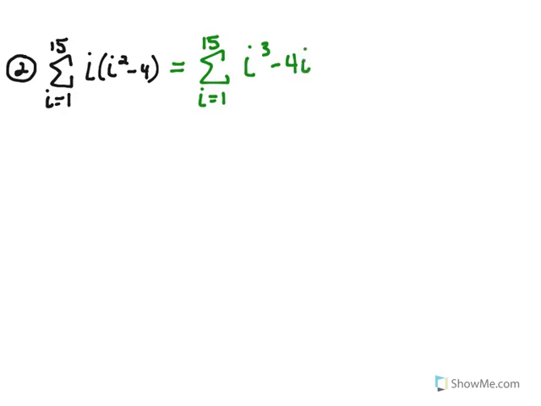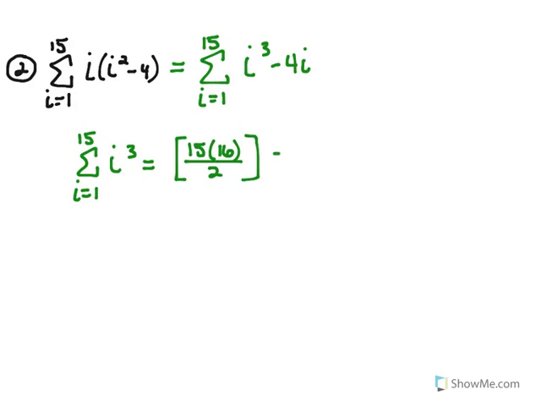Okay, so if I start with the summation from i equals 1 to 15, and if I just do i cubed, remember, i is the same thing as k. It doesn't matter what letter you have as long as they're consistent. The formula says to do brackets n times n plus 1 and divided by 2, square the whole thing.